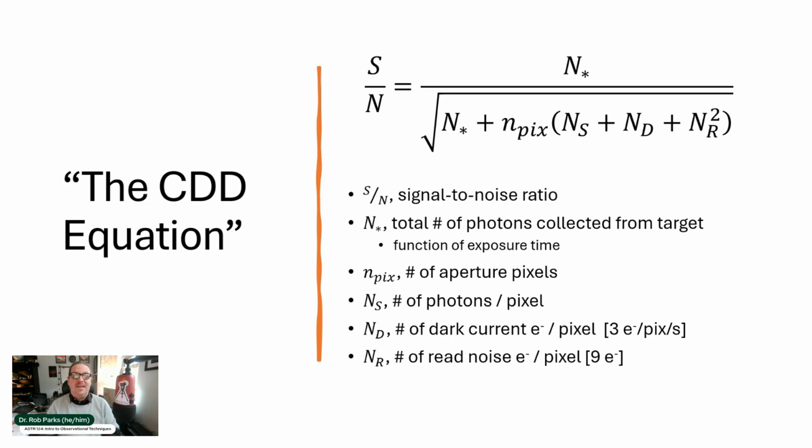So if we're just looking at the error coming from reading a pixel, just from the read noise, say I measure 1,000 electrons in a particular pixel, that is plus or minus 9. I cannot know that number more precisely than 9. That contributes to the overall error budget as described by this equation. All right, I believe that is all I have.